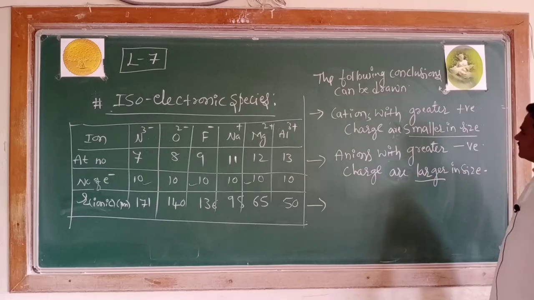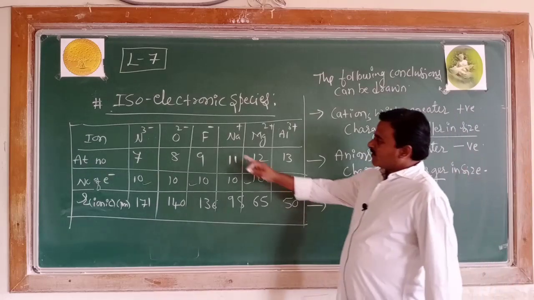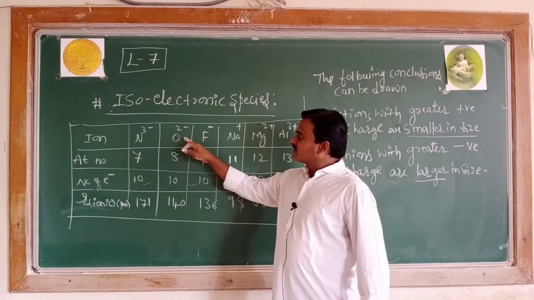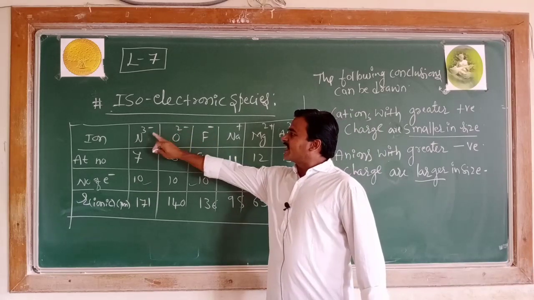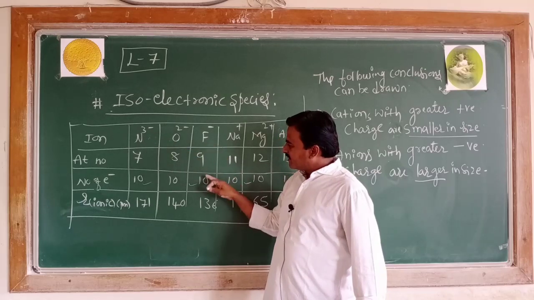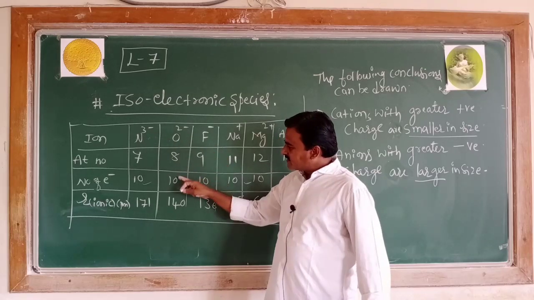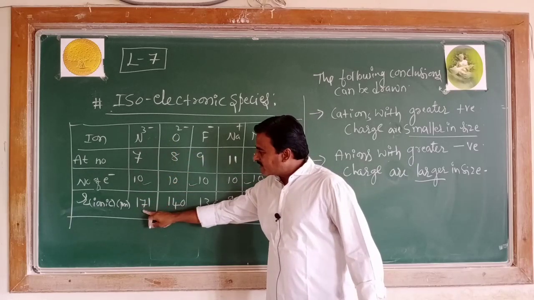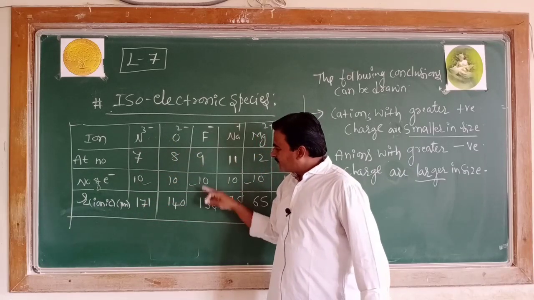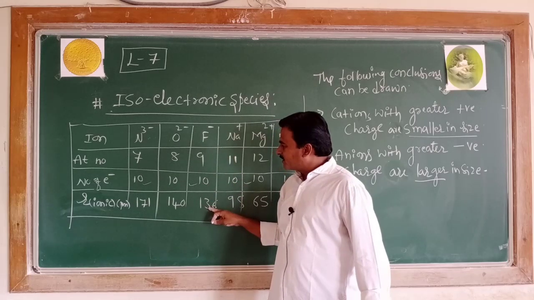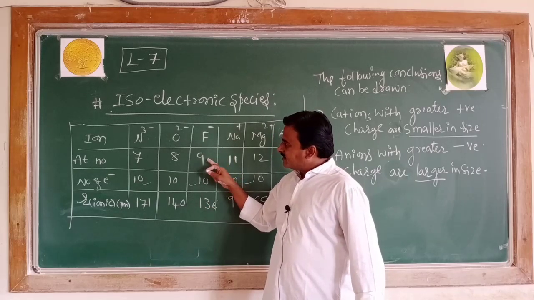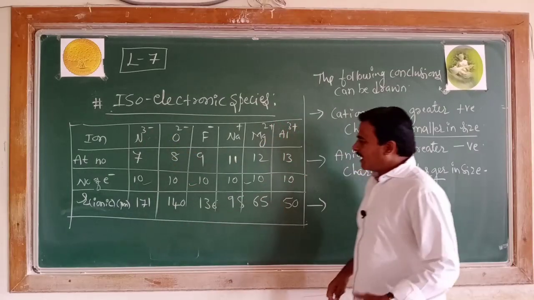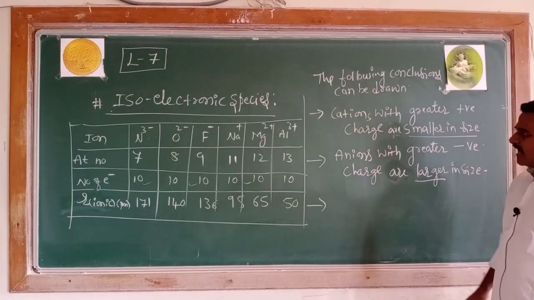You can check. See fluoride ion F minus 1, oxide ion O2 minus, nitride ion 3 minus. Number of electrons in fluoride 10, in oxide 10, in nitride 10. But the ionic radius of nitride is 171 picometer, while that of fluoride is 136 picometer. This is how anions with greater negative charge are larger in size. And one more point.